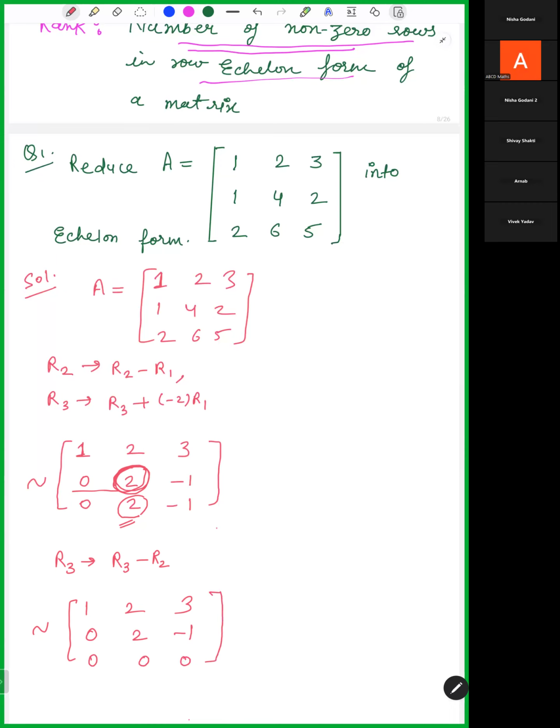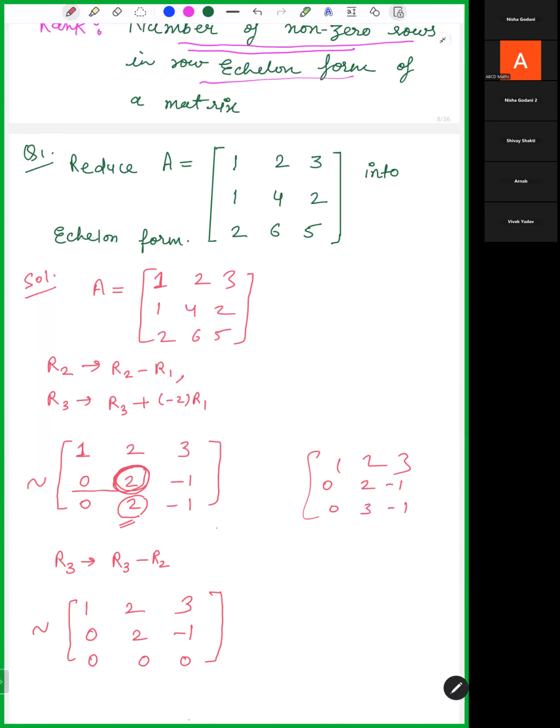The first non-zero number in a row being 1 is not compulsory. That is why I have not made this 2 a 1; I have made zeros below it. But suppose the second row is 0, 2, minus 1, and the third row is 0, 3, minus 1.